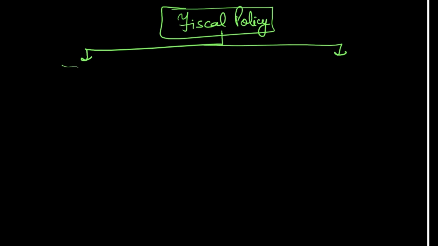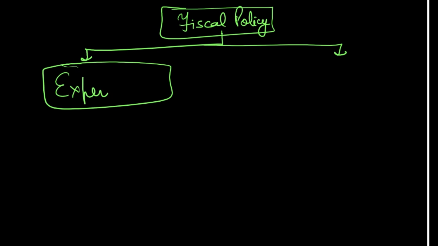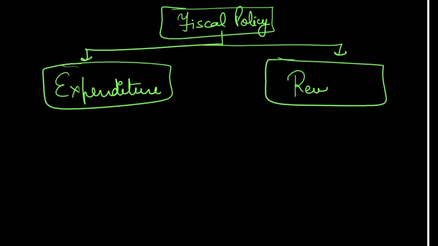Fiscal policy includes two things of the government: one is expenditure, the other is revenue. Expenditure of the government, if it is increased.